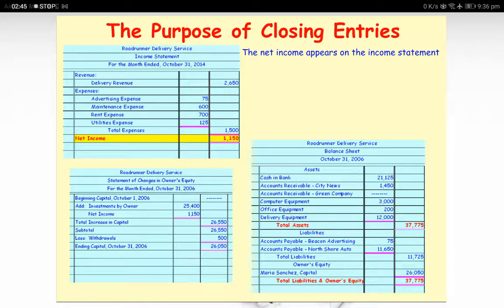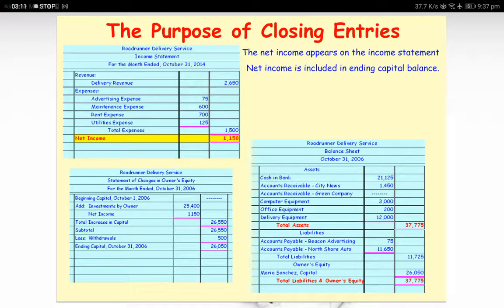As you can see, in the yellow highlighted portion, net income is included in the ending capital balance. In the statement of changes in owner's equity, the net income of 1150 is included in the ending capital balance. Ending capital balance was 26050, and opening was 25400.